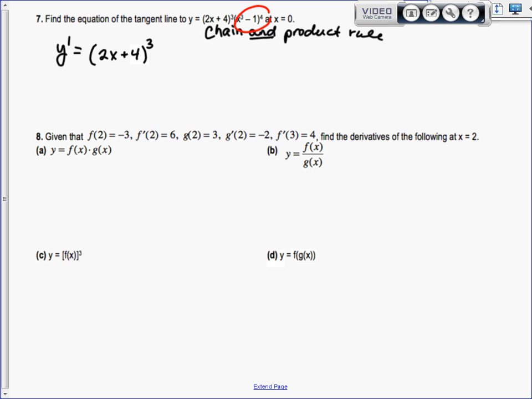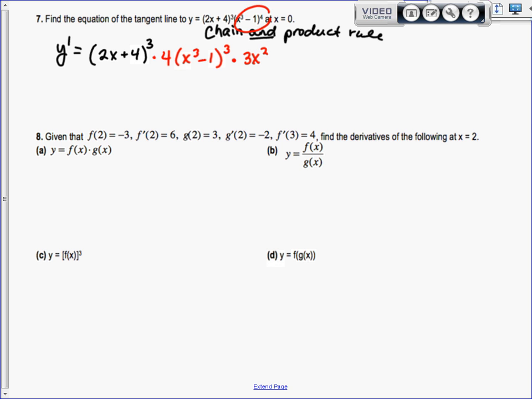So what's the derivative of the second part? Four. Yeah, you forgot your raised to the third. So 4 times (x cubed minus 1) raised to the third times 3x squared.